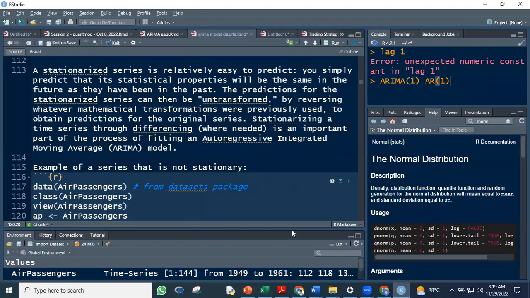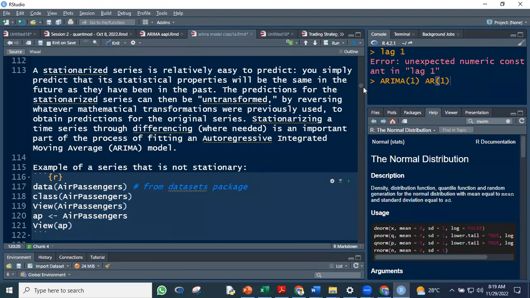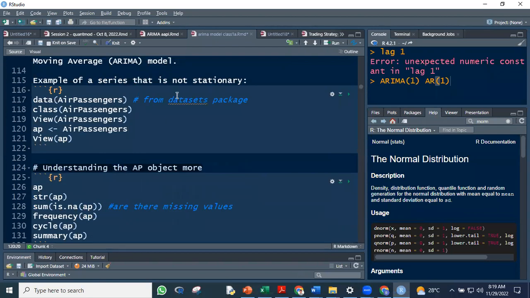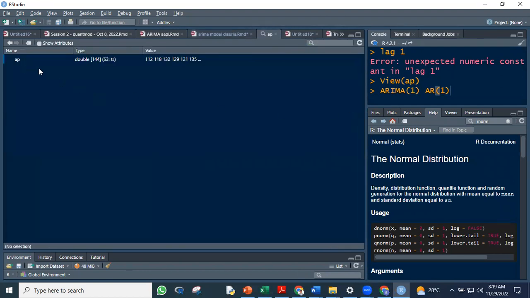Okay, so we were using the air passengers dataset. I hope you have loaded this. Okay, na-load ko na. Di ba sabi natin yung view, hindi ko alam kung bakit naging ganito yung view, dati hindi naman ganito eh.